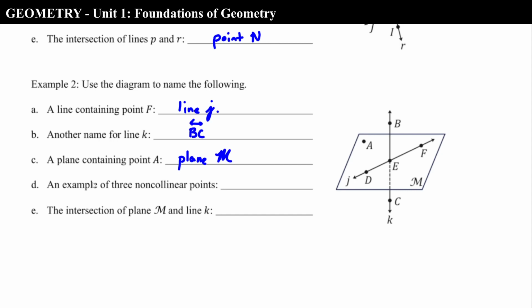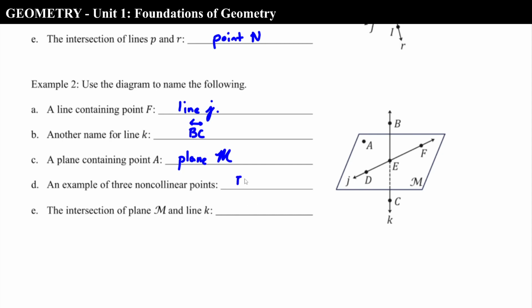All right, an example of 3 non-collinear points. So we could say D, we could say A, and we can say E. Now, you're probably thinking, well, D and E are on the same line, but as long as one of them is not on the same line, then it works.